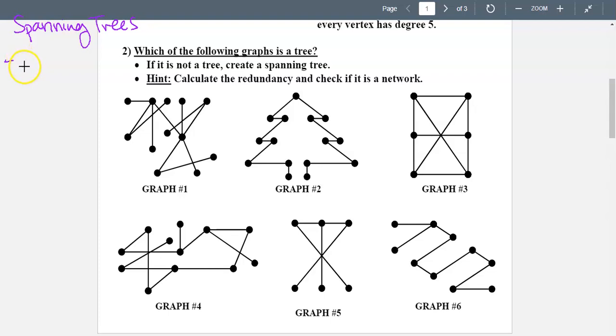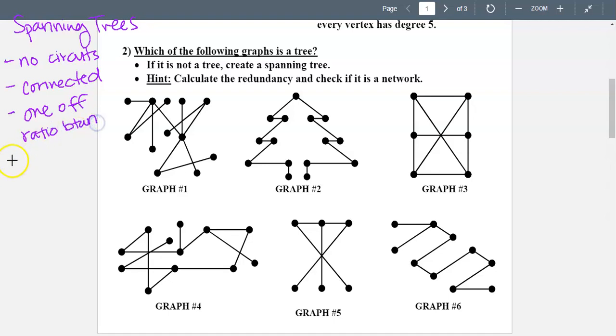They do not have circuits within them, so there will be no circuits. They are connected graphs. They have to be connected. And then they follow an important one-off ratio, that's what Dietz has been calling it, between the vertices and edges.